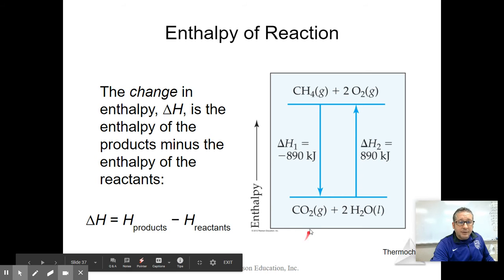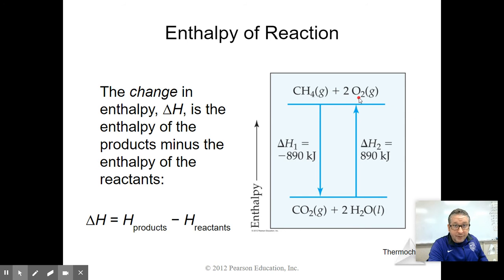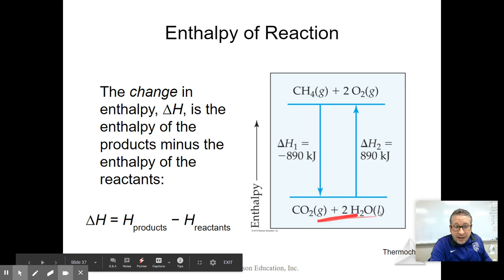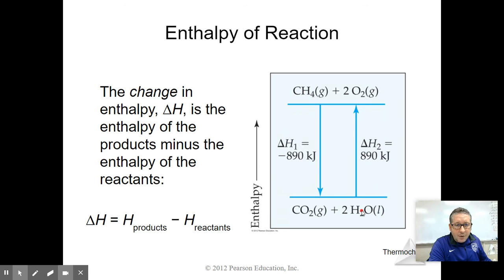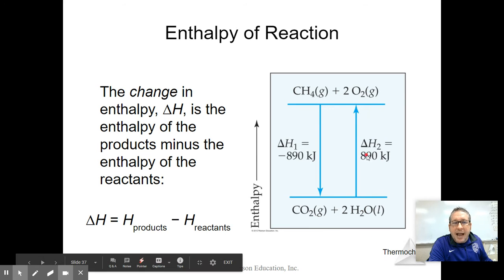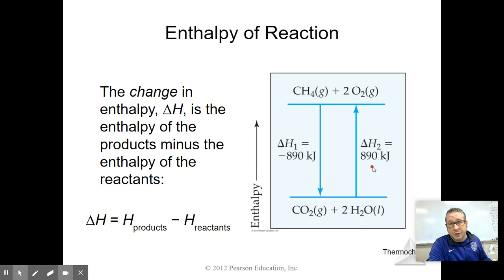So let's say CO2 and H2O react to form methane and O2. Seems far-fetched, but that's not the point here. Going from these, which are now what we consider reactants, again, this is the reverse direction, they form methane and oxygen. In that process, they have a positive 890 kilojoules.